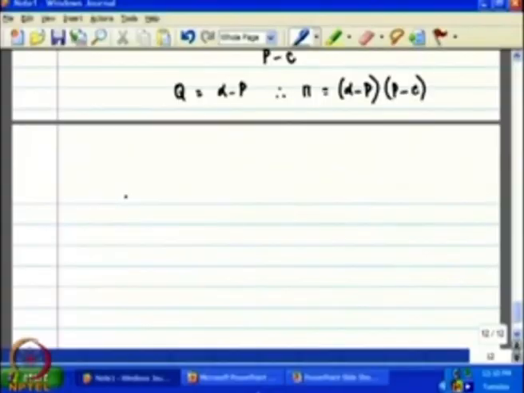Now, if I have to model this setting in terms of game theory, again as in any strategic game, I have to specify 3 components of this game. One is players. Here the firms are the players. So, in general there are n firms.